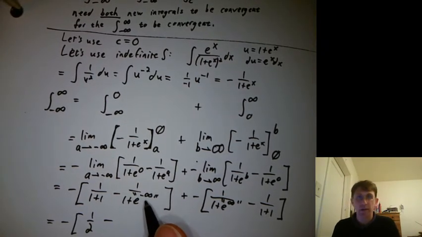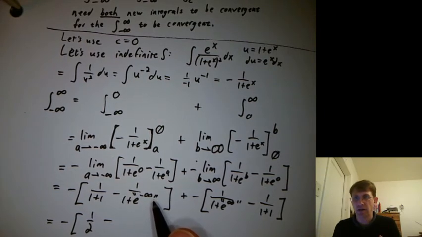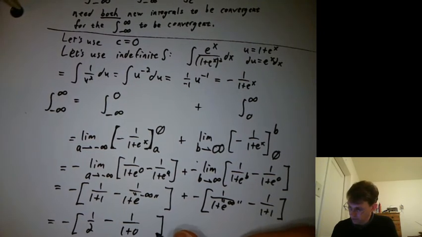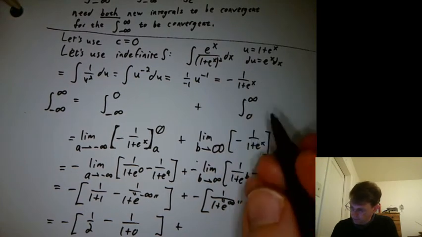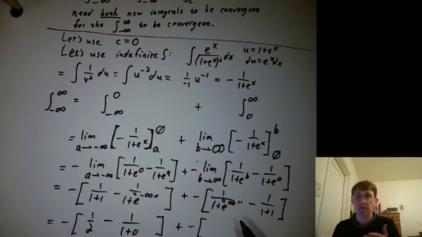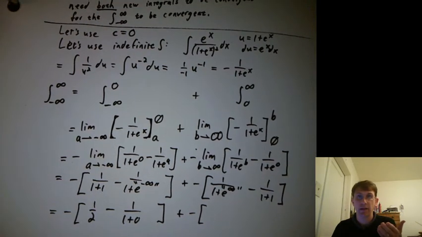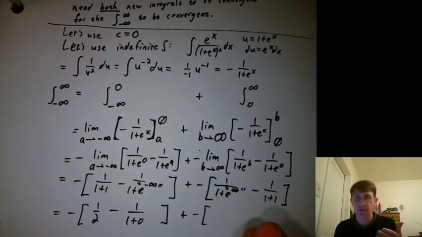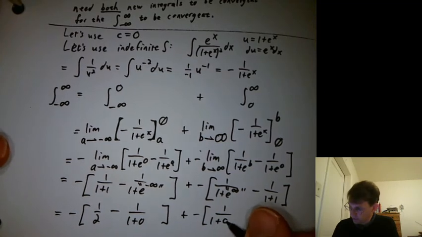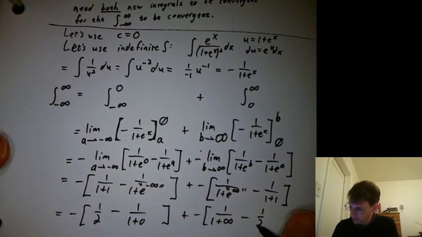And then minus, this is a half. And then what is e to the minus infinity? That's e to a very strong negative number, so that's basically 0. So that's 1 over 1 plus 0. And then what's e to the infinity? Well, e to the 10 is already pretty big, e to the 100 is huge, e to the 1000 is more than Excel can calculate, so e to the infinity is infinity. So we get 1 plus infinity there, minus 1 half.